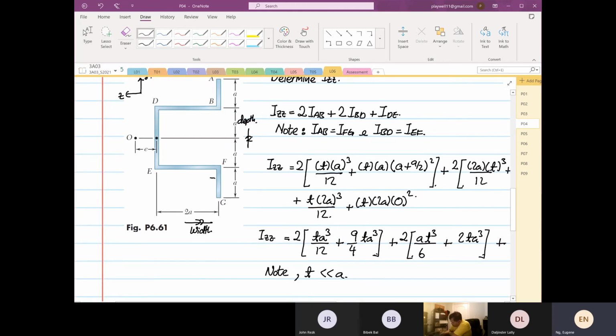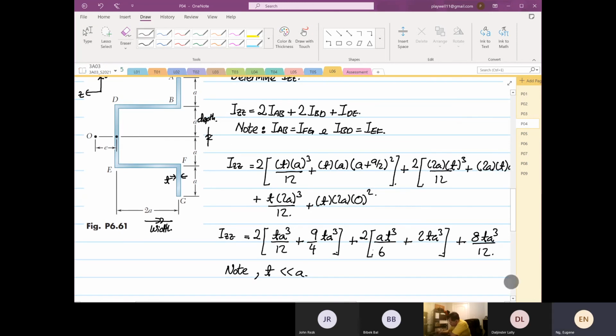This is our thickness, and that is our A. So the magnitude is very largely different. So when that's the case, this term can be approximately equal to 0. You can drop that term, right? Because T is very much smaller than A.